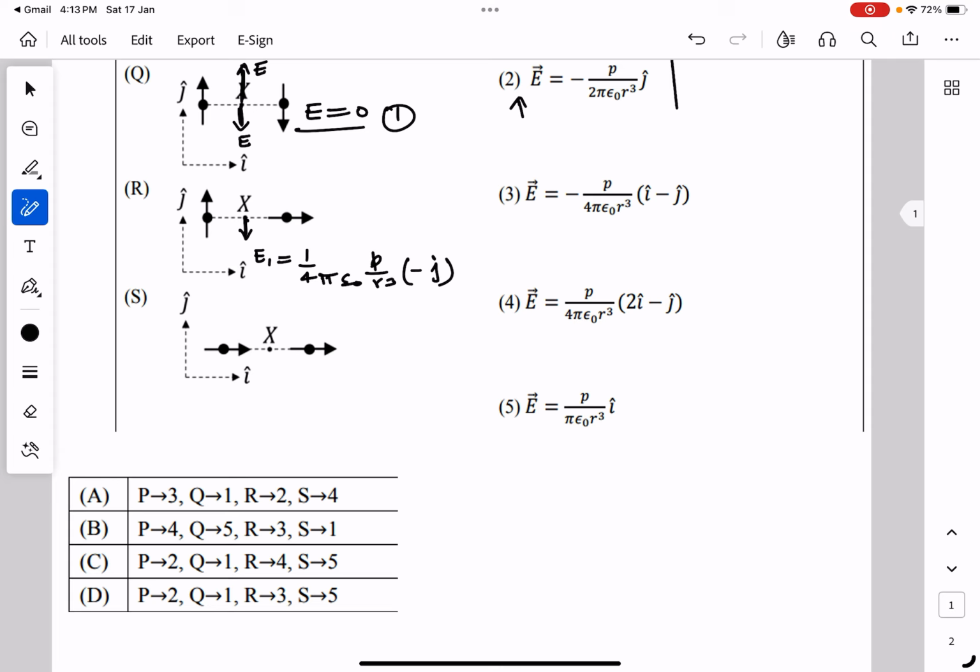and point X with respect to dipole 2 is lying on its axial position. Therefore, the electric field would be in positive x direction, and this will be equal to 1 upon 4 pi epsilon naught 2p upon r cube.